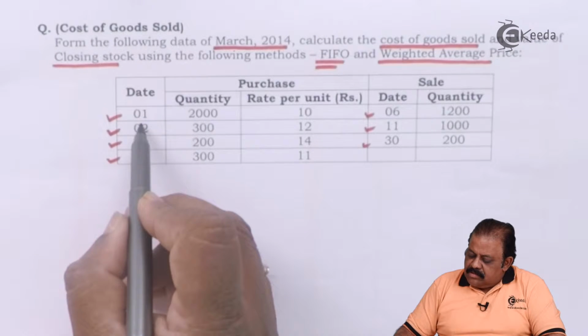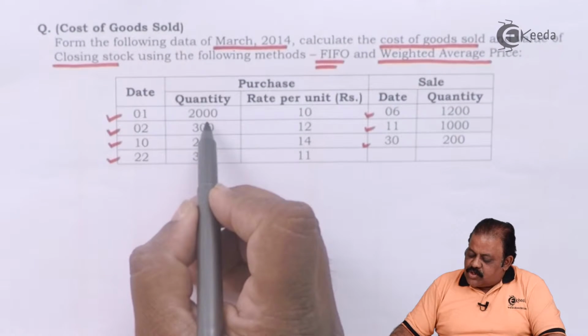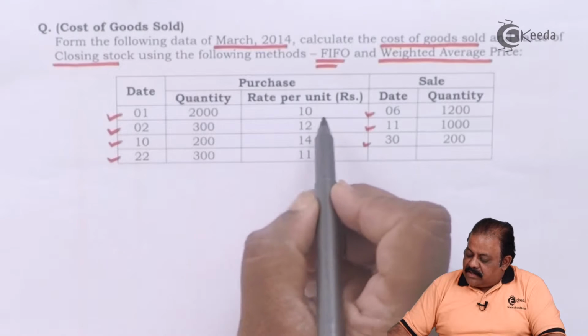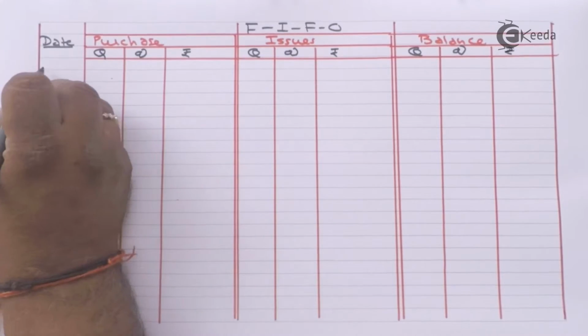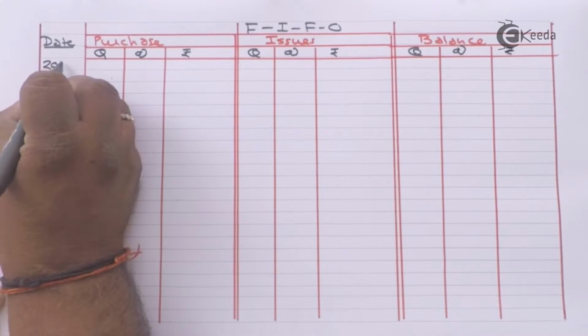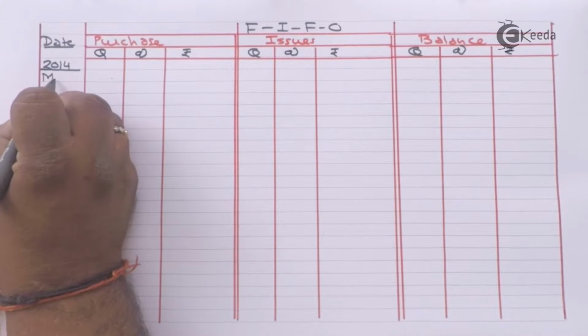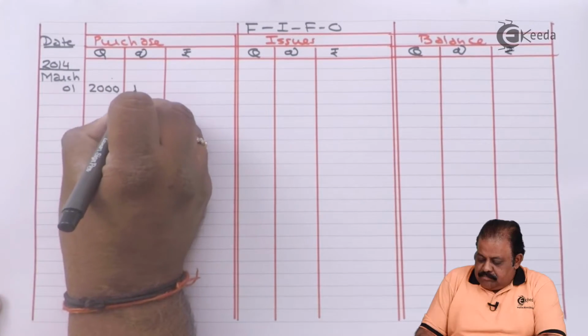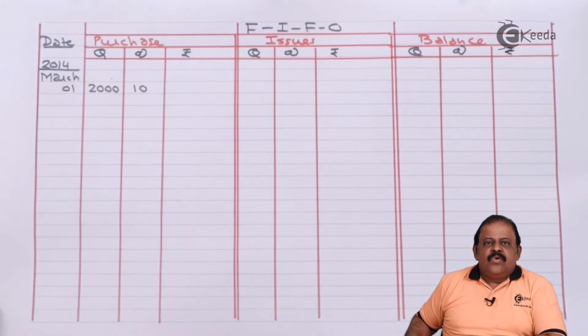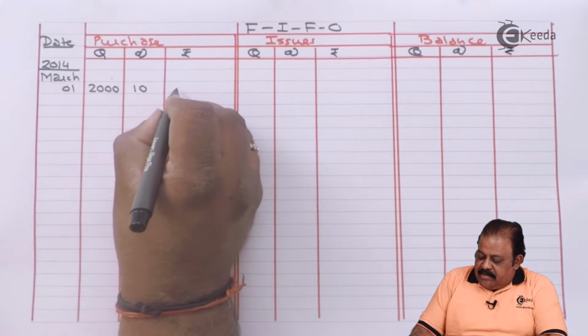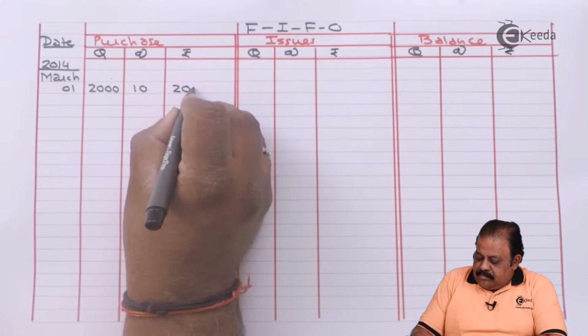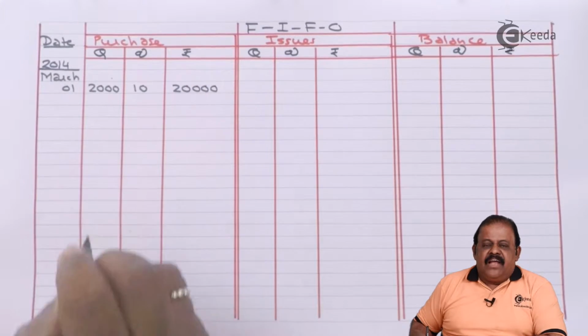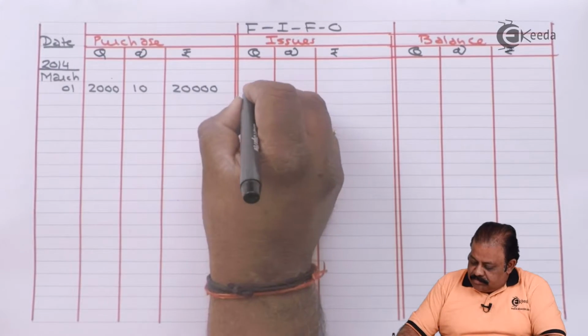On 1st March there is purchase of 2000 units at the rate of 10, value 20,000.